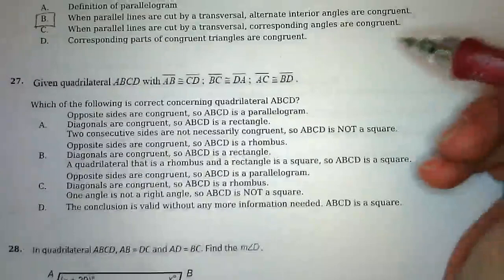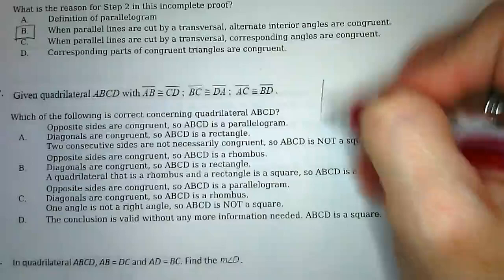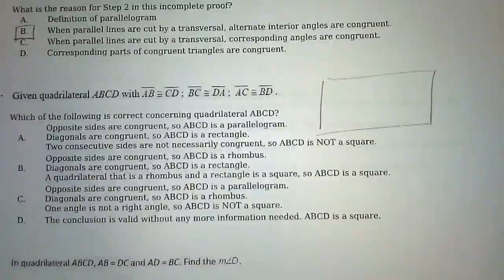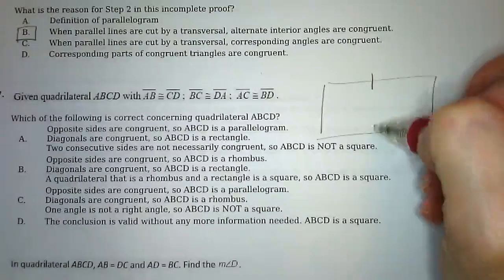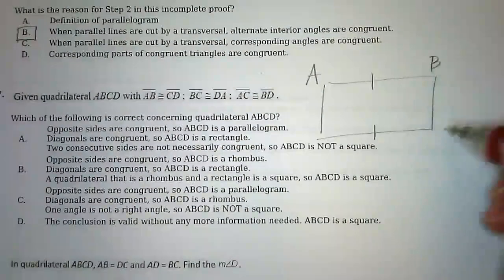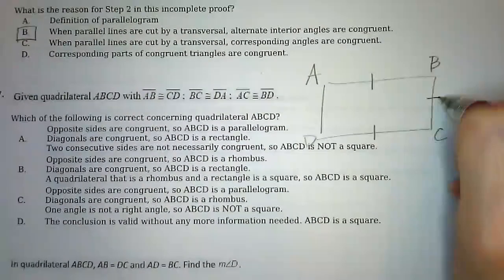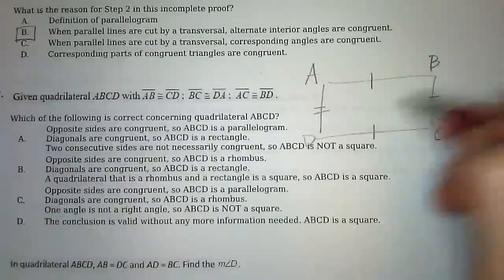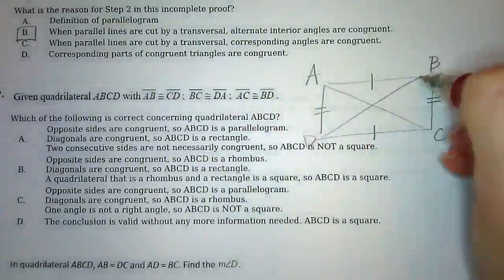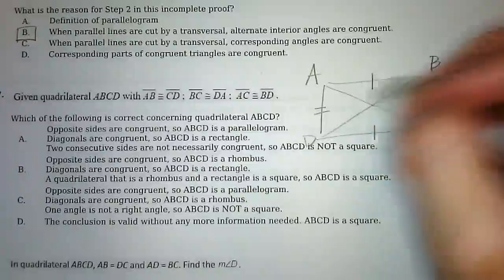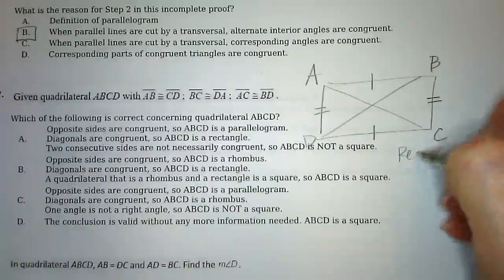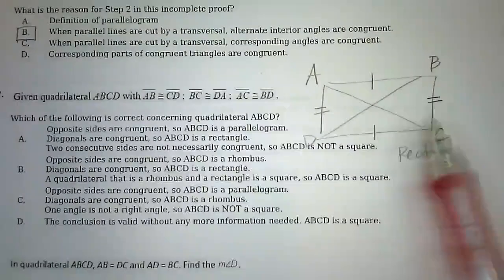Okay, quadrilateral. All right, so here we go. We have a quadrilateral. Let's go ahead and label it ABCD. AB and CD are congruent. BC and DA are congruent. Oh, and the diagonals are congruent. So that tells me that this is going to be a rectangle.